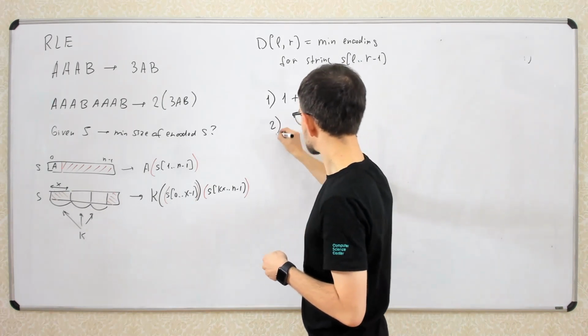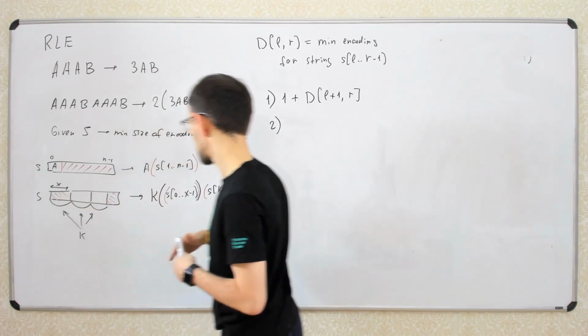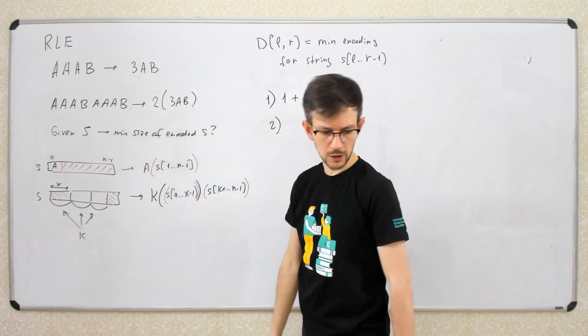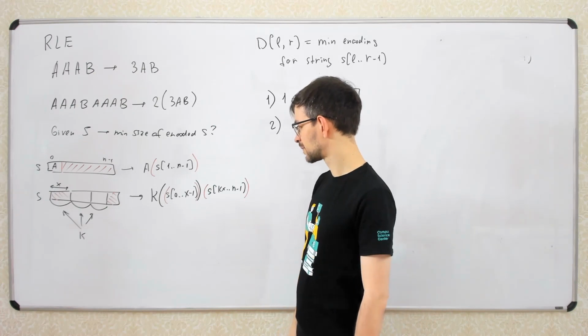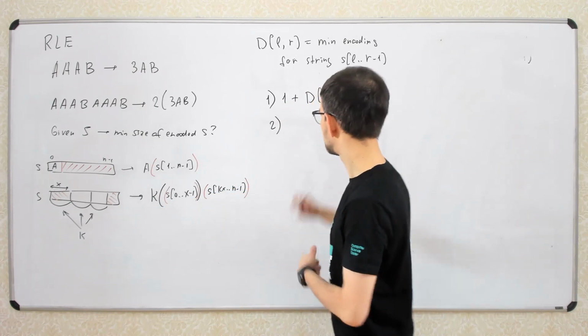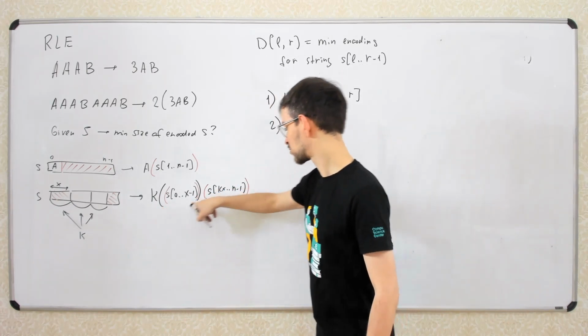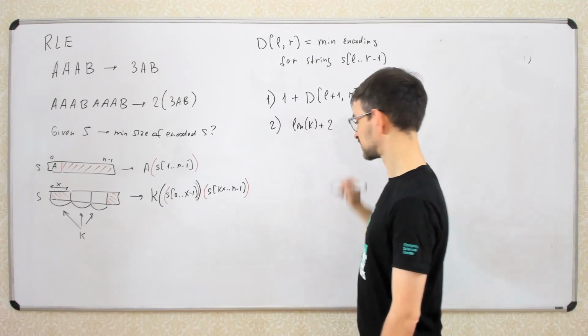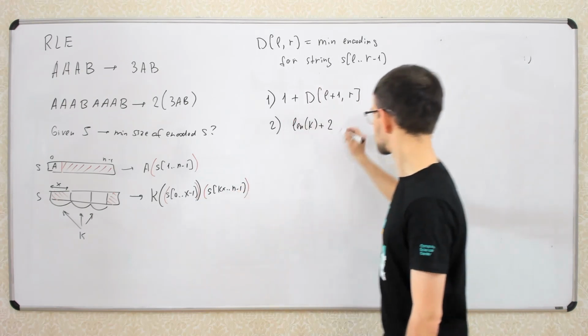And in the second case, for a given k and x, we need the length of k plus 2 for the brackets plus these two recursive calls.